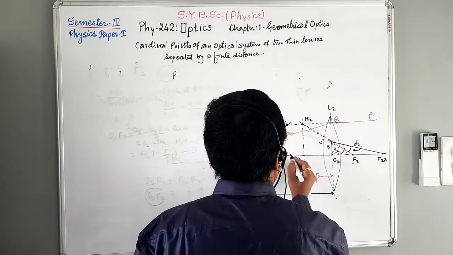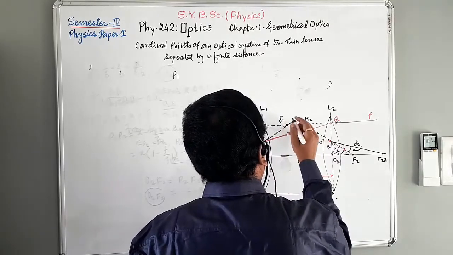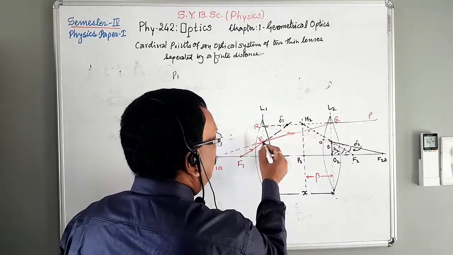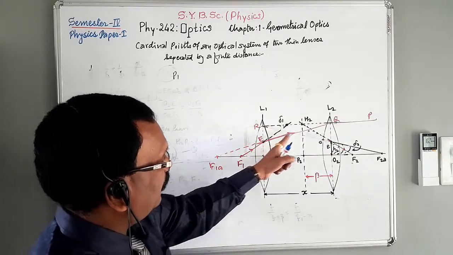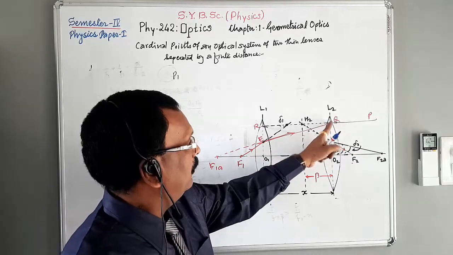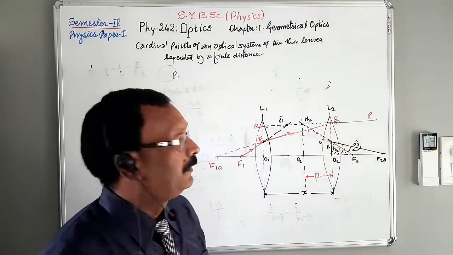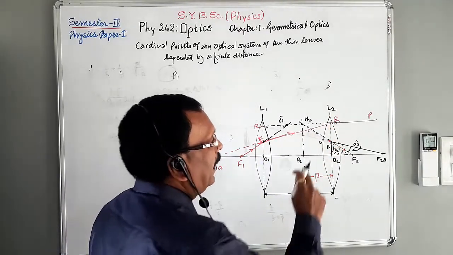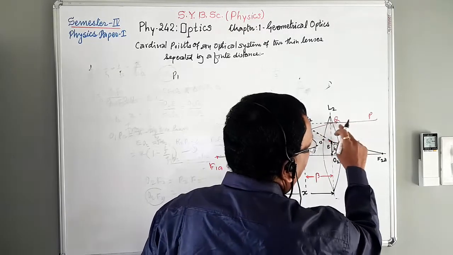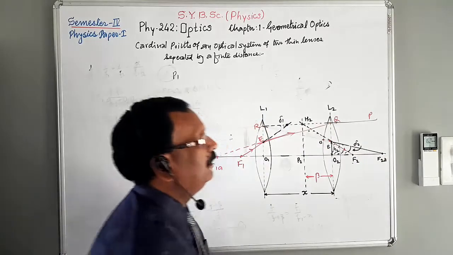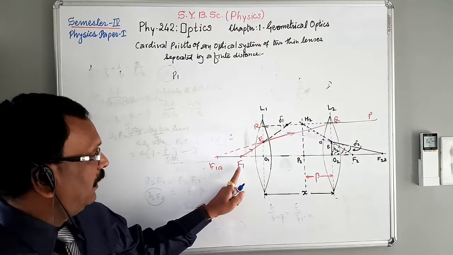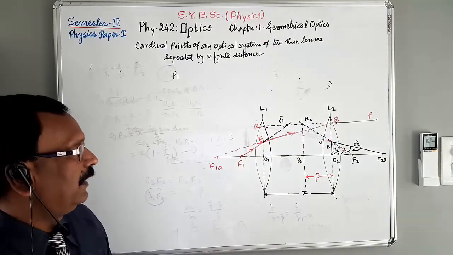Okay. But due to the presence of the first lens, it will get refracted and comes to point Q on the second lens L2 and get refracted and travel along QP, which is parallel to the principal axis. Okay, what I say? Here consider F1E as an incident ray.